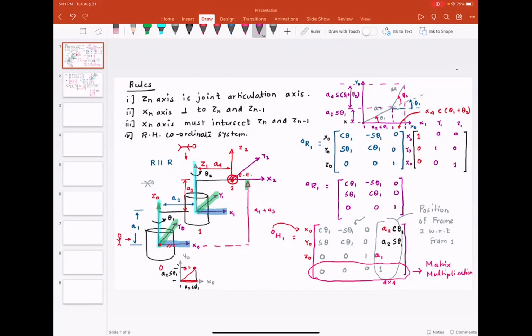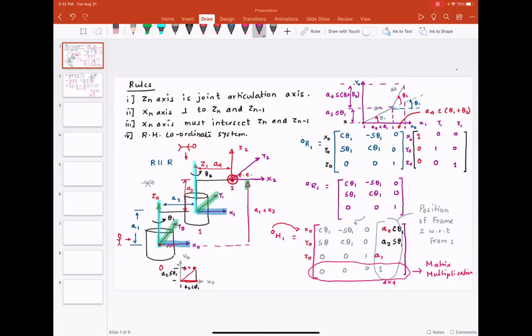Now, since we have come so far, I will tell you what can be done from this point onwards. You have the expression for the position in x0 direction, y0 direction, and z0 direction. If you take the derivatives, you would get the velocities.